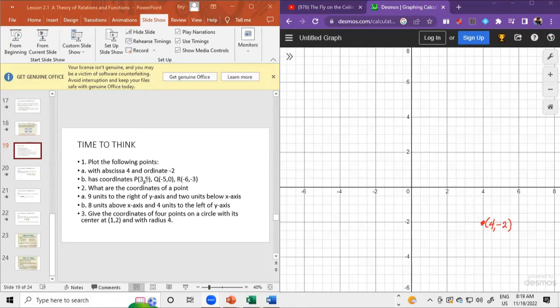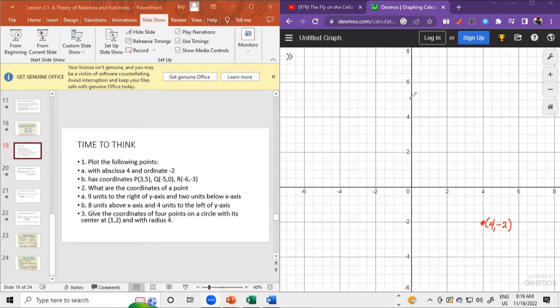Next, yung letter B naman has coordinates point P 3, 5. So nandito yung 2, 3, 4. So nandito ang 3. Then 5 ang ating ordinate. So positive 5 nandito.